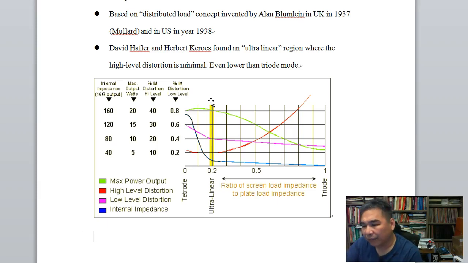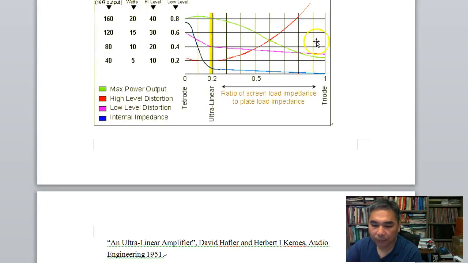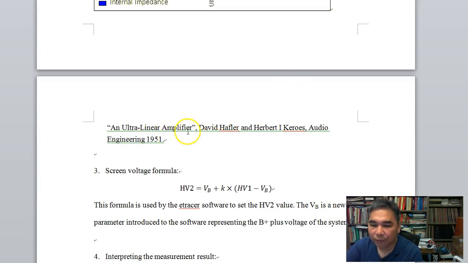Personally, I doubt that even tubes of the same type might have the same ultralinear region. The above can be found in the article on the Ultralinear Amplifier, published in 1951.